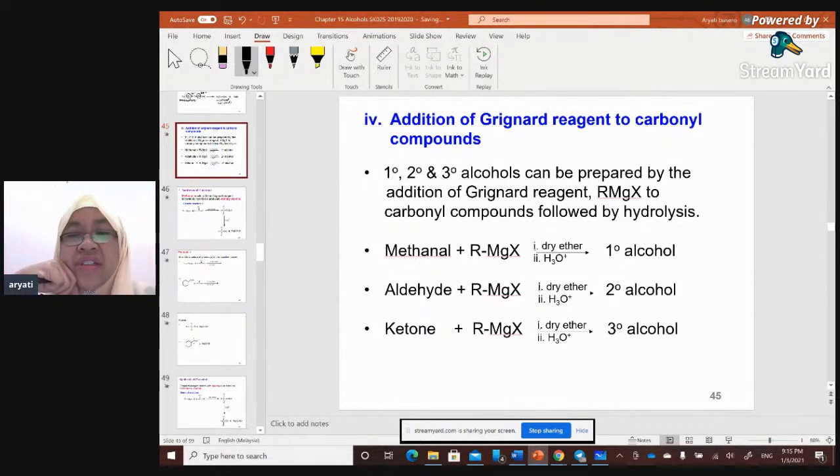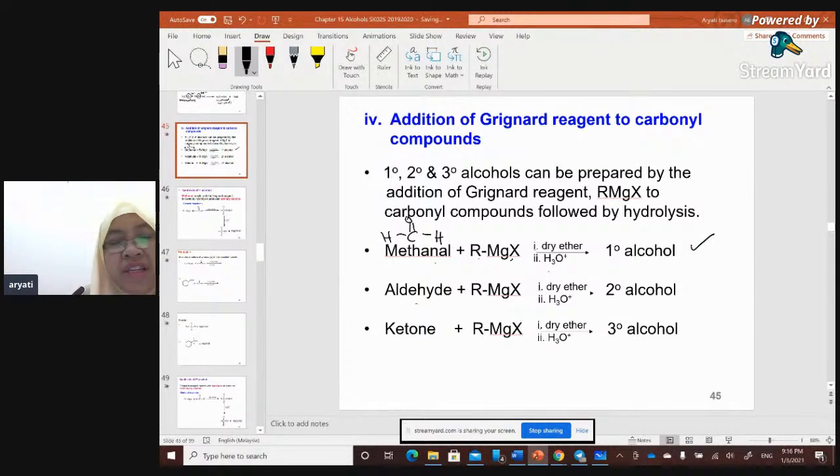So addition of Grignard reagent to carbonyl compound. I have already given a set of videos discussing this reaction. So primary, secondary, and tertiary alcohol can be prepared by the addition of Grignard reagent RMgX to carbonyl compound followed by hydrolysis. If you have methanal, HCHO, the C double bond O with H H, react with RMgX, the Grignard reagent, in dry ether followed by hydrolysis, it will produce primary alcohol.